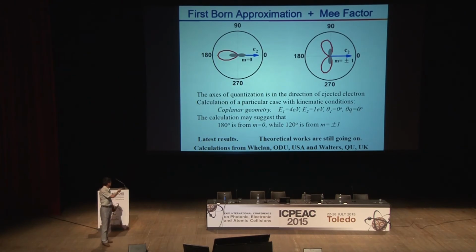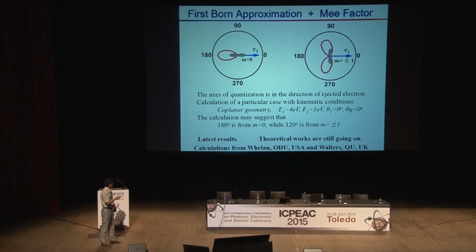Here is the result. Since the magnetic quantum number for the 2p state could be 0 or plus or minus 1, the calculation is performed in these two different cases.